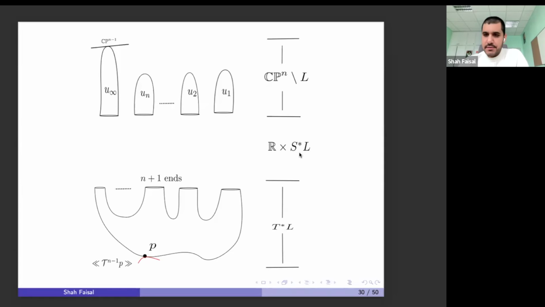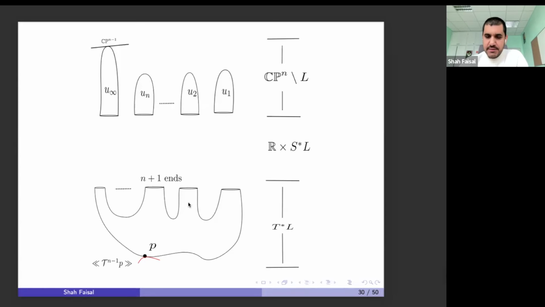Now, analyzing the building shows that in this case, there are only two levels of this building. The bottom one consists of a single smooth punctured sphere with n+1 positive punctures. And it inherits the tangency constraint from the curve we stretched.